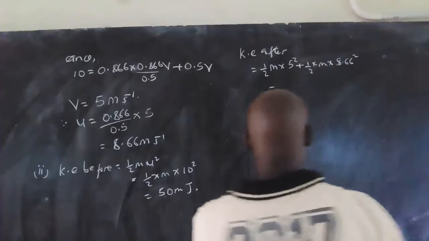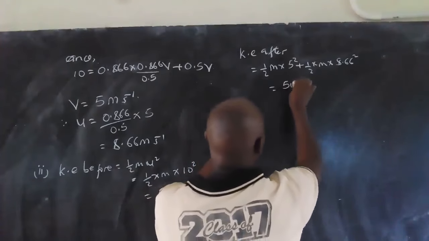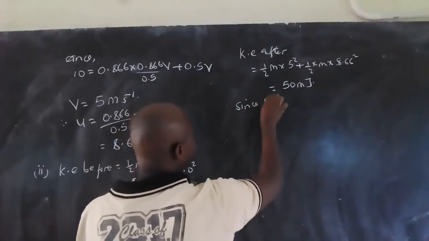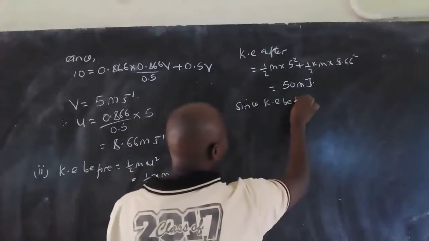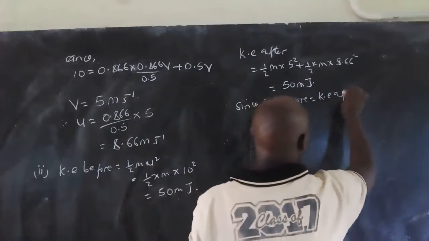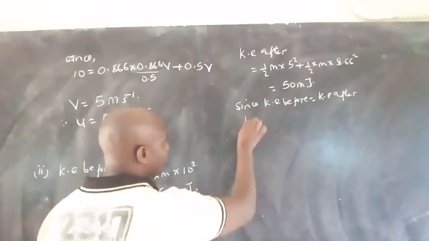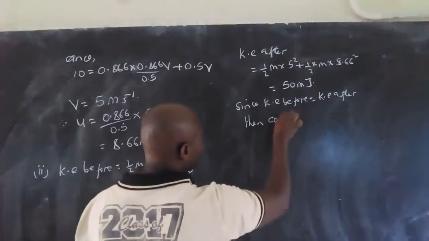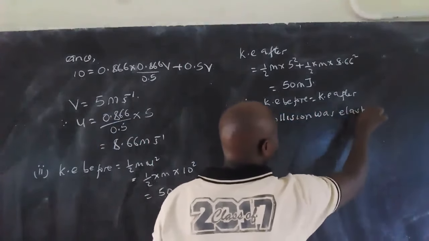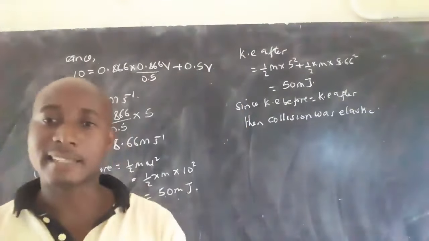So this becomes 49.997 m joules. Since kinetic energy before is equal to kinetic energy after collision, then the collision was elastic. So we can go ahead and look at the exercise, not so?